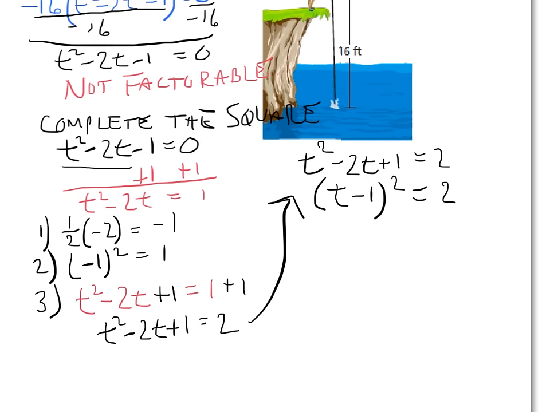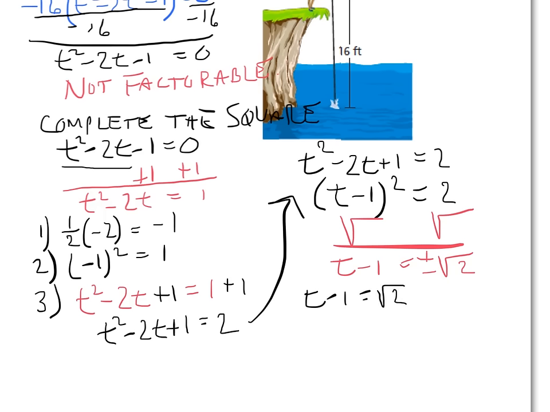At this point, I can take the square root of both sides, which leaves me with t minus 1 equals plus or minus square root of 2. From here, because we need the plus or minus, I consider t minus 1 equaling the square root of 2 and t minus 1 equaling the negative square root of 2.